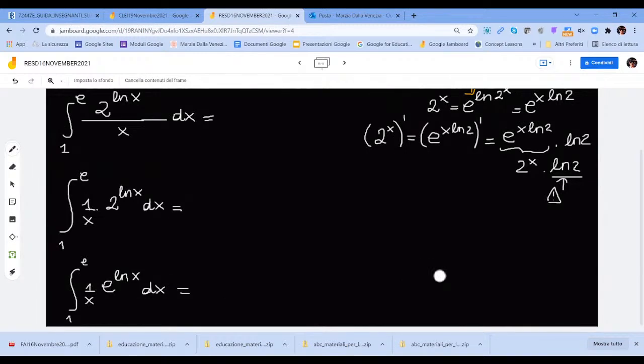This is e to the f of x multiplied by the derivative of f, because the function should have a multiplicative factor that is the derivative of the function f, with e raised to the power of the function f, as I wrote before.